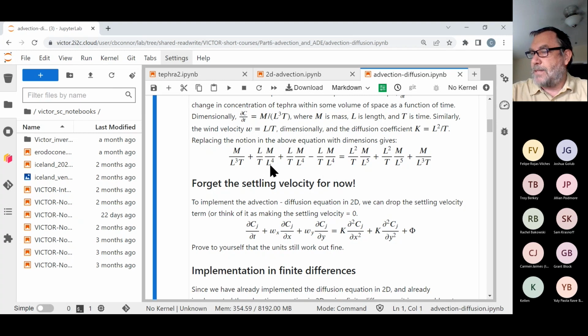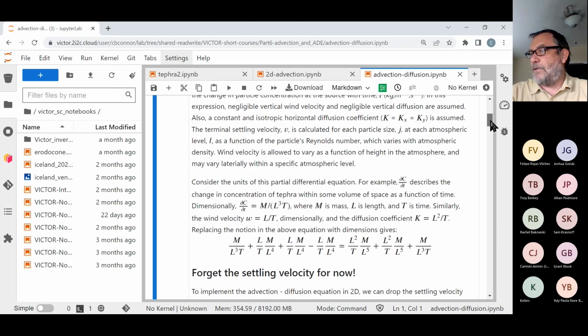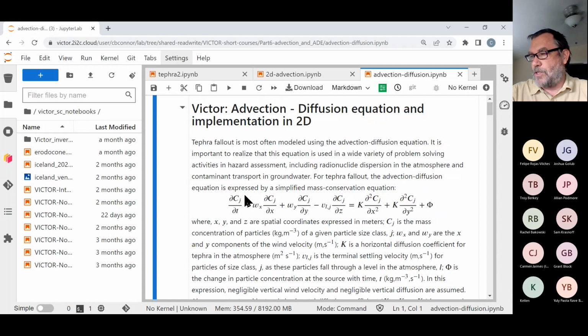And so obviously those L's cancel, and I've got mass over L cubed T here. And all of these terms have to have those same dimensions because we're just doing addition here, right? So the units of this have to equal the units of this, have to equal the units of this.